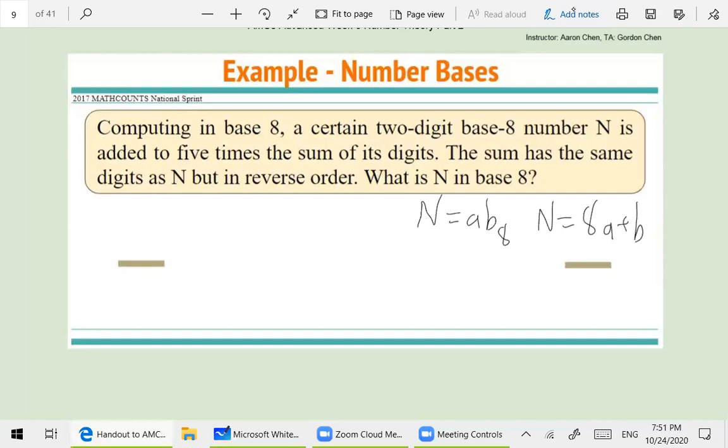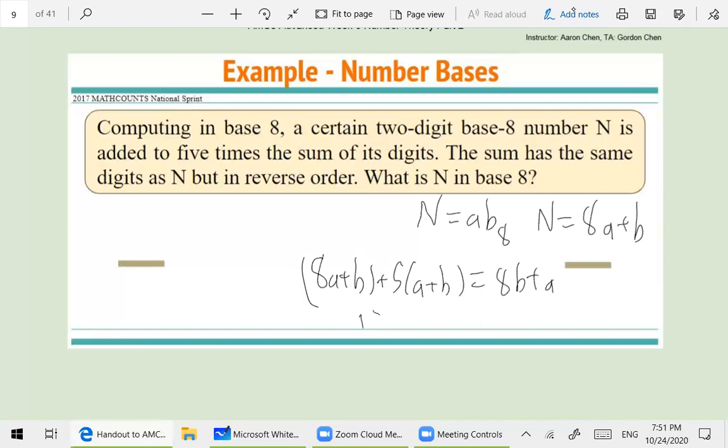Okay, so then the statement says 8a plus b plus 5 times a plus b equals 8b plus a.